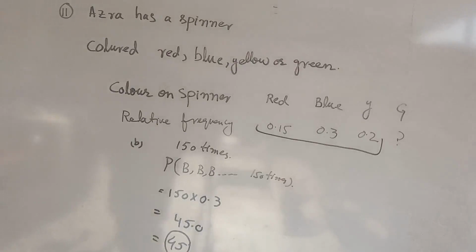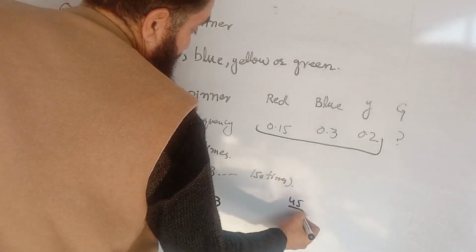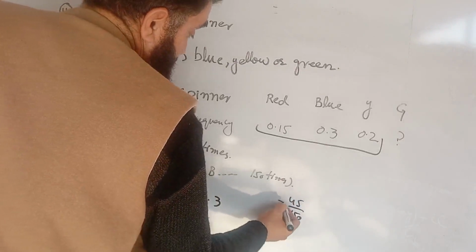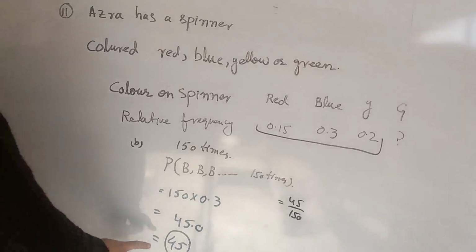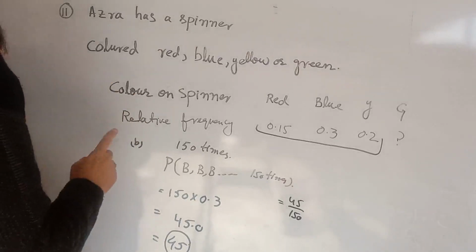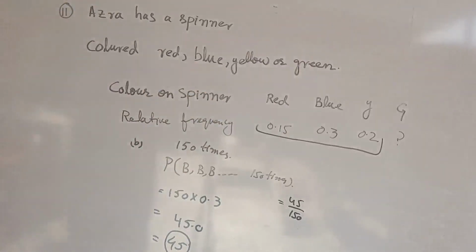So the probability will be 45 over 150, and you can simplify it, but she can expect the spinner to land on blue 45 times. That's it.